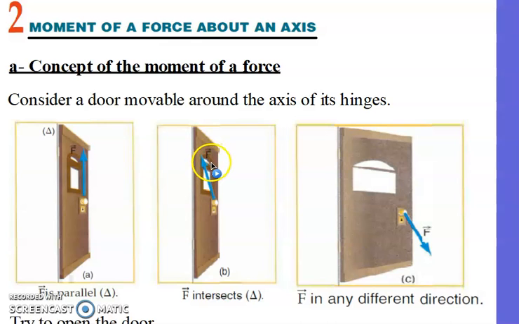So we say F has no moment with respect to the axis delta. While when F and delta are non-coplanar, meaning skew relative to each other, the body rotates. In this case, we say that the force F has a moment with respect to delta. Okay? That's the concept of the moment of a force with respect to an axis.